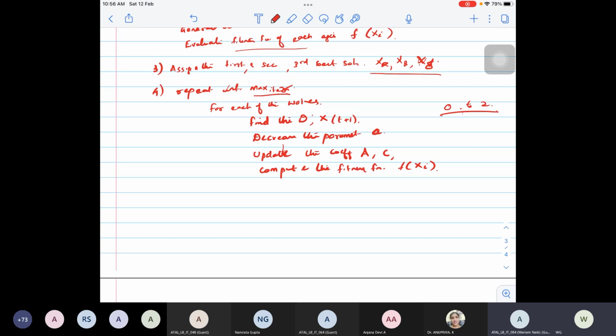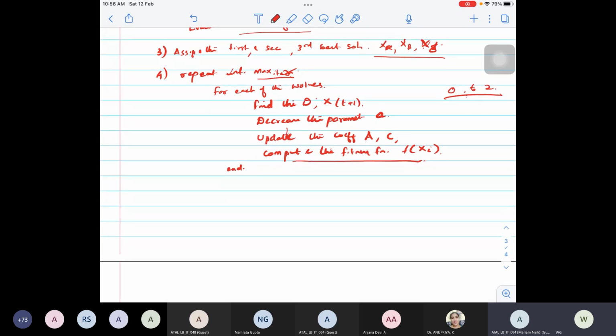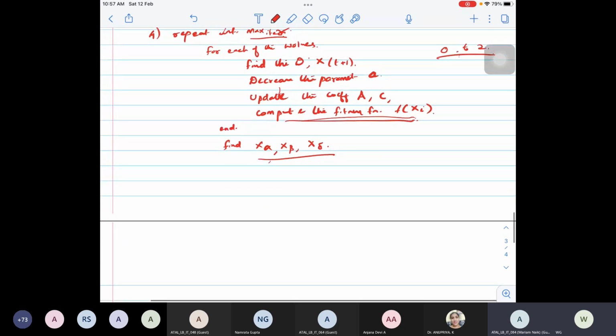Once you compute the fitness function, you end this for loop, and then you find x alpha, x beta, and x delta. So for each of the wolves you compute the fitness function and update x alpha, x beta, and x delta, and then you go along that particular direction.